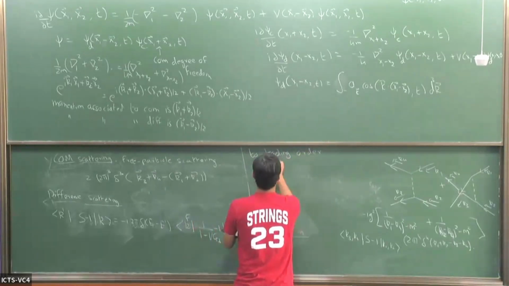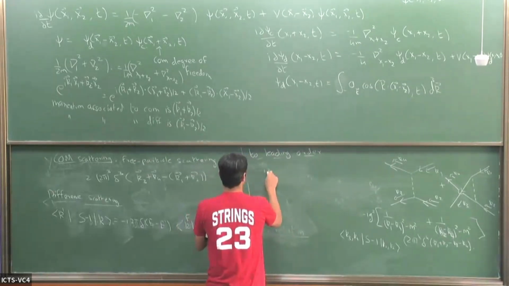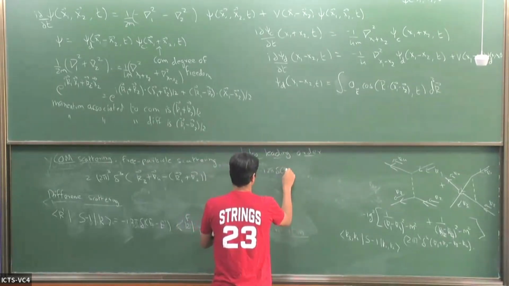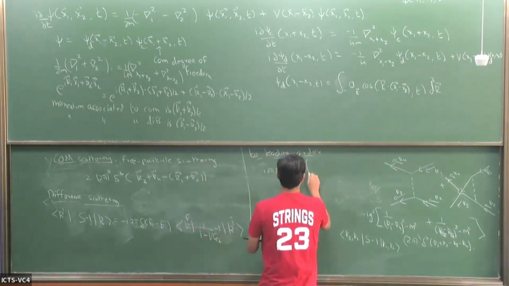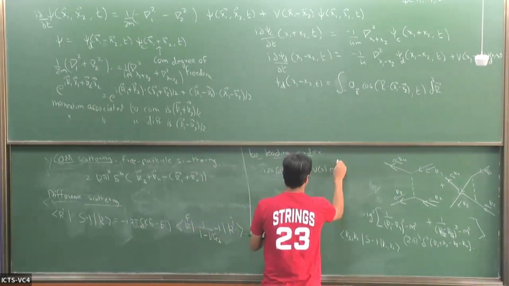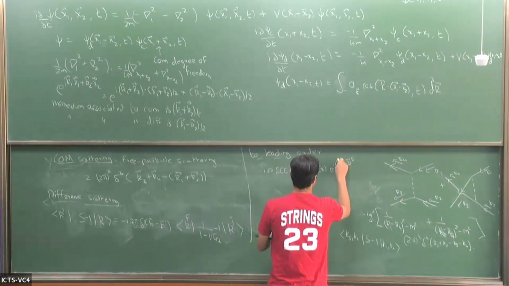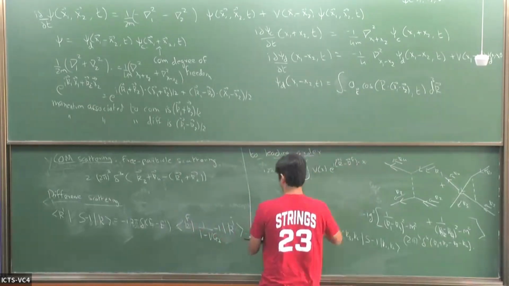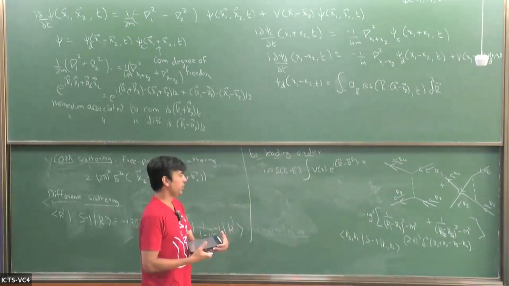To leading order, this is just minus i 2π delta of E minus E′, times V of x, times e to the i (k_i minus k_f) vector dot x. This is what it looks like in general in non-relativistic scattering.